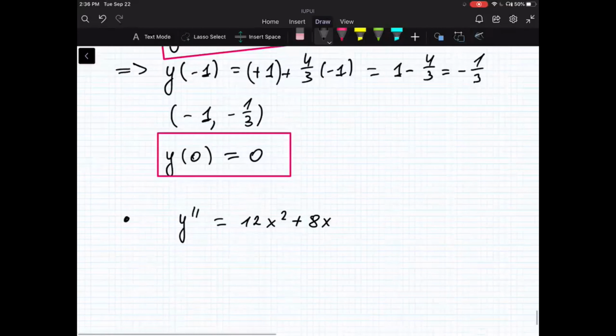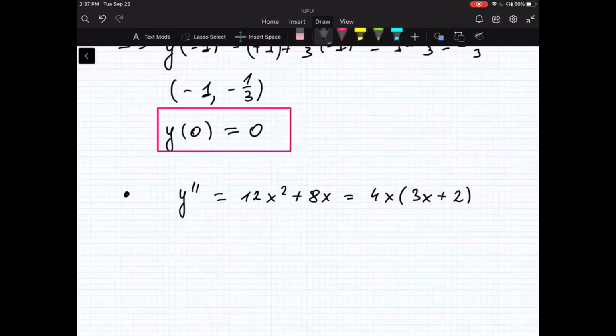And if I factorize it, I will get 4x times (3x plus 2). And if I again put my zeros of the second derivative on the line, it will be 0 and minus 2/3.